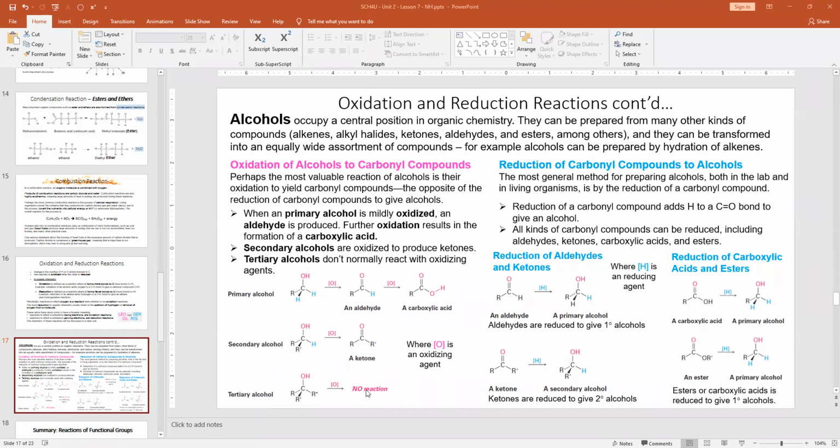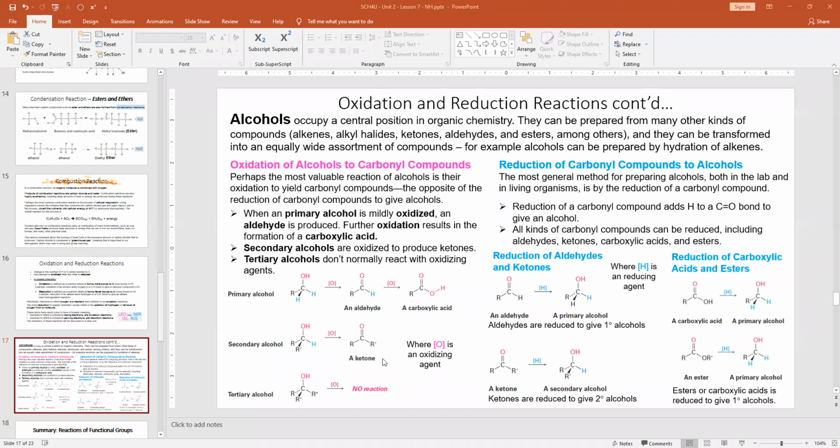Tertiary alcohols, there's no reaction, actually. They don't normally react with oxidizing reagents. So primary alcohols produce an aldehyde, and then if further oxidized, a carboxylic acid. Secondary alcohols produce a ketone, and tertiary alcohols don't react with oxidizing agents.